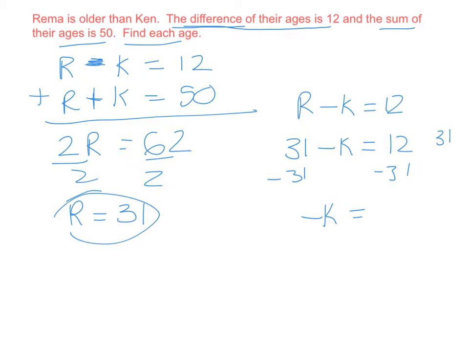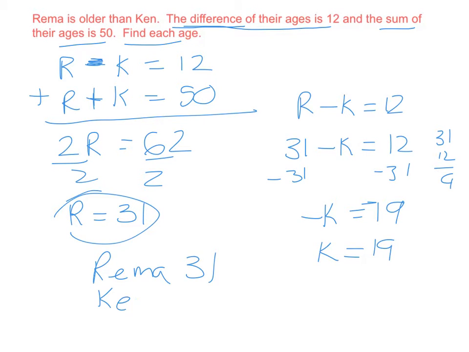Negative k equals negative 19. So k equals 19. So Rima is 31 and Ken is 19. And you will always answer word problems by just answering the question. Next word problem.